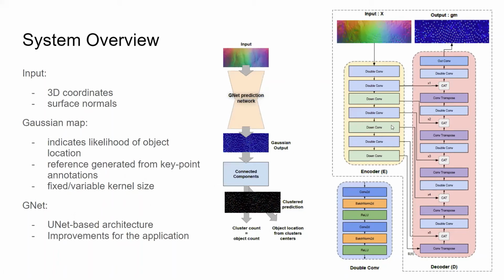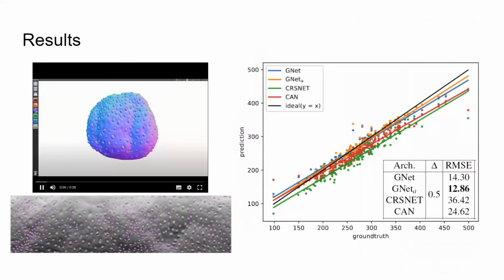The network architecture is based on UNet, which is one of these classic architectures, used with some minor modifications which basically make that network more accurate for this type of application. And how does the whole thing work?